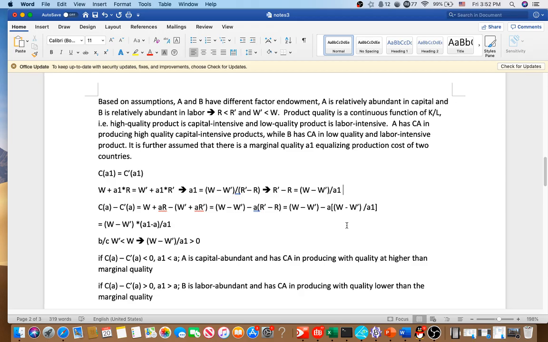And if the difference of those two countries' costs is less than 0, it can be inferred that A1 is less than A. This means country A is capital abundant and has a comparative advantage in producing goods with quality higher than the marginal quality.